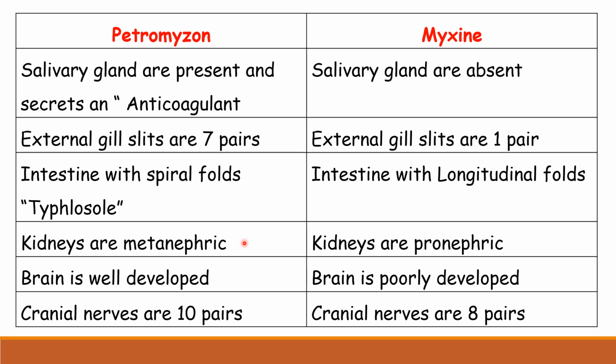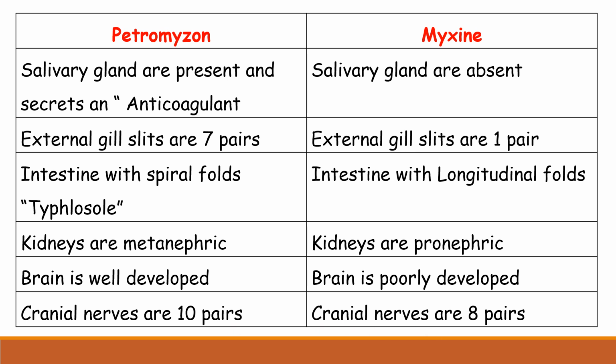In lampreys, the kidneys are of metanephric type, but in hagfishes, the kidneys are basically pronephric type. In petromyzon or lamprey, the brain is very well developed. On the other hand, in hagfishes, the brain is very poorly developed. In lamprey, they have 10 pairs of cranial nerves.